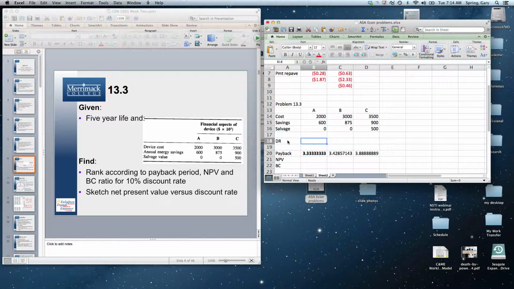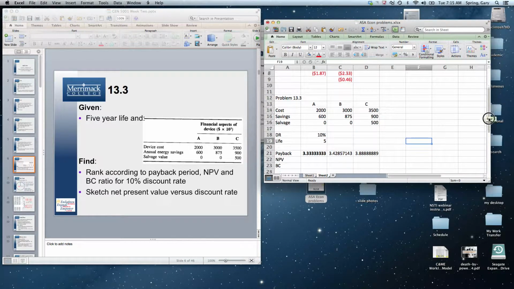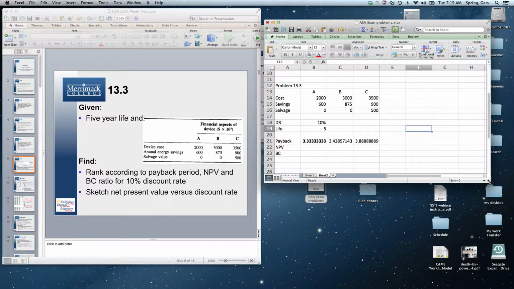Discount rate is 10%, and life is 5. Notice it's the same life for all three. That's why we can use this net present value and benefit cost method.